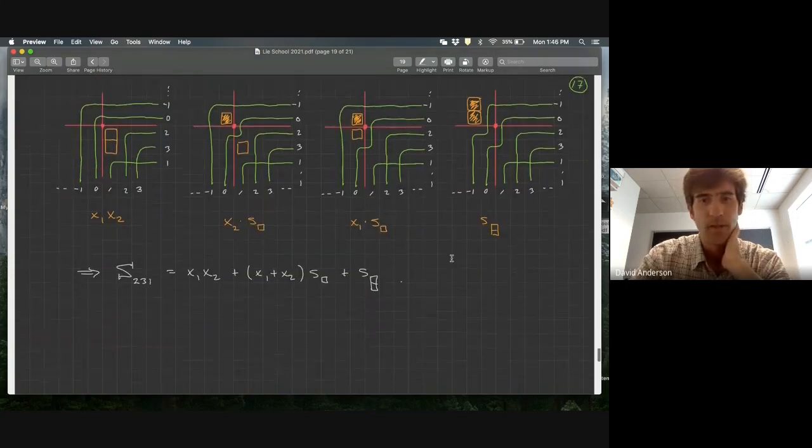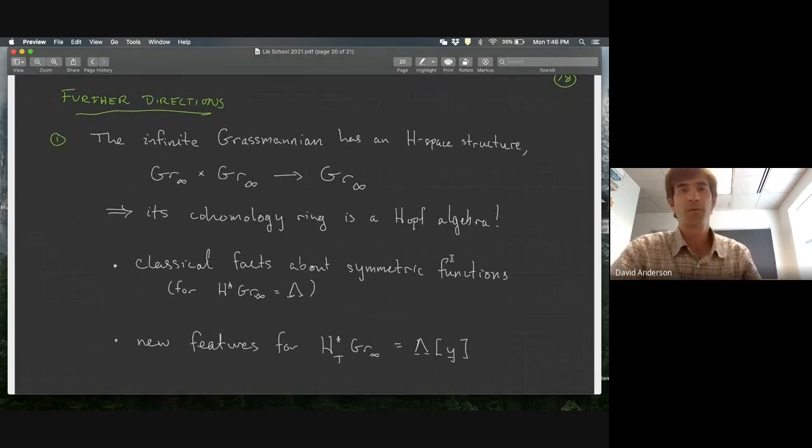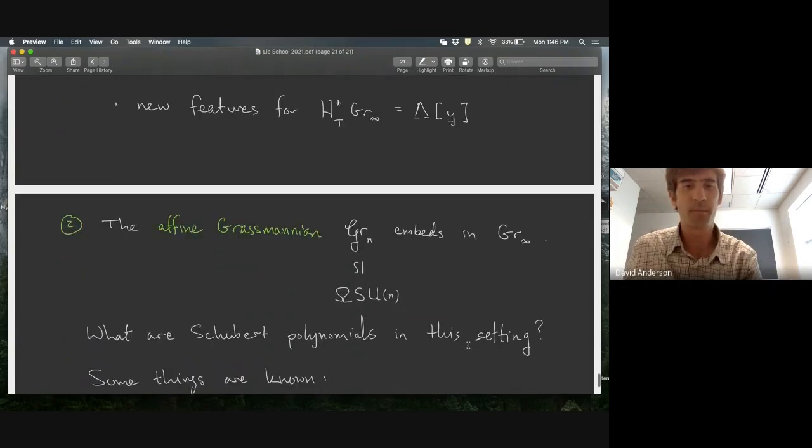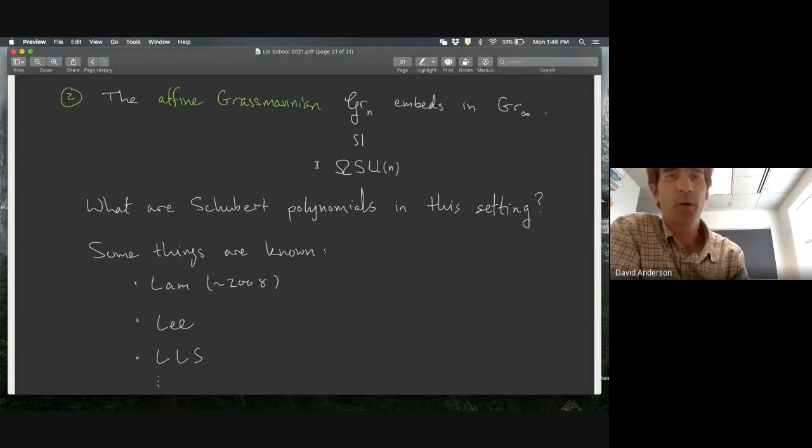I'm basically out of time, but I wanted to mention some further directions, which are to look at the H-space structure of this infinite Grassmannian, and particularly the new features that one sees equivariantly. Even more, you can ask about the affine Grassmannian, which embeds in this infinite Grassmannian.